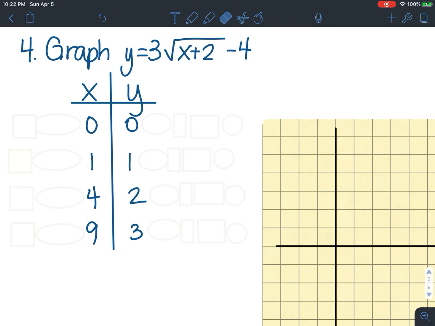And then I want you to try to manipulate the numbers on the table based on your equation to get your new x values and your new y values. So pause the video and see if you can fill out the table. And then when you're done, turn the video back on and you can see if your answers are right.